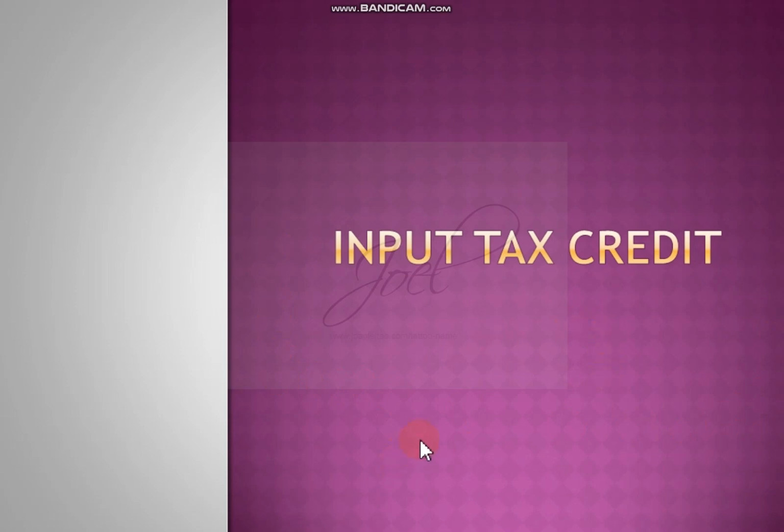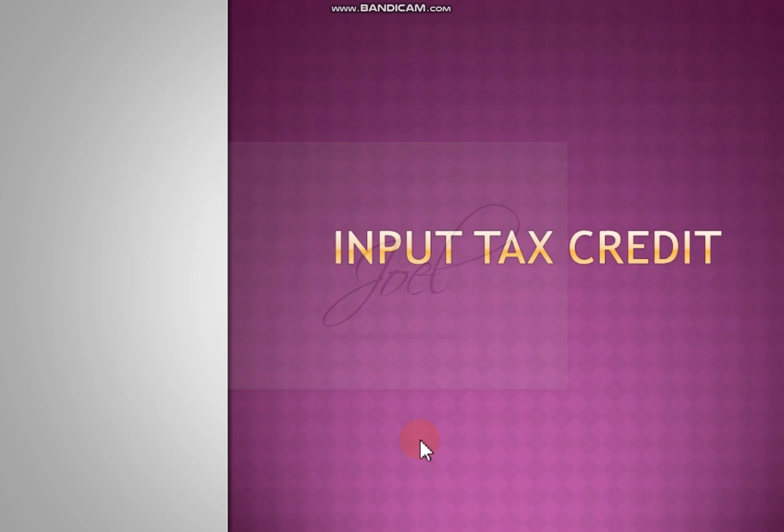Under some of these taxes, the traders, dealers and registered persons could get back the amount of tax they paid on the inputs they used. That concept is derived from there, and we have implemented it under a concept called input tax credit.